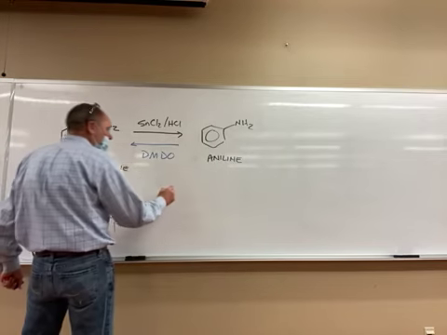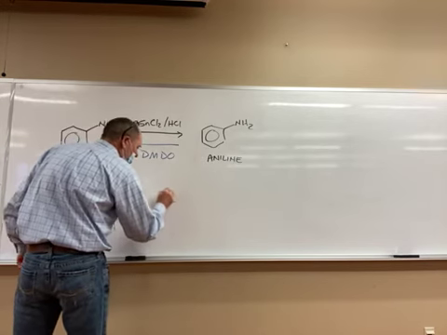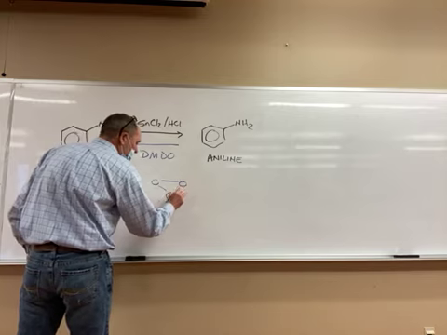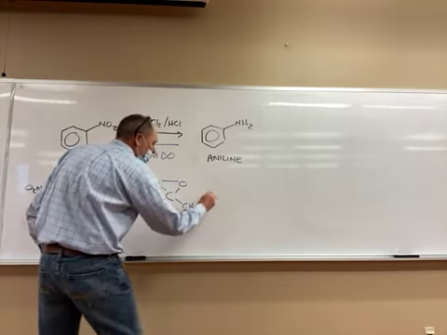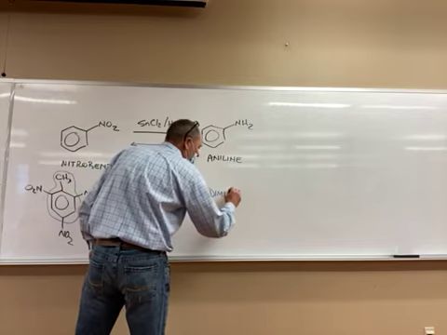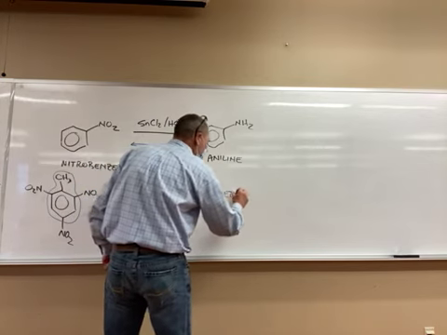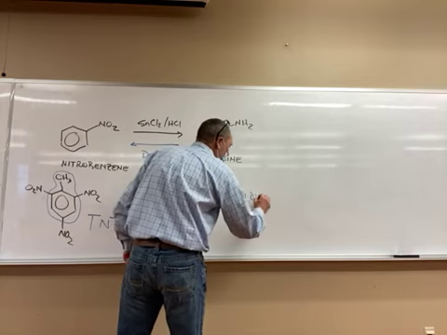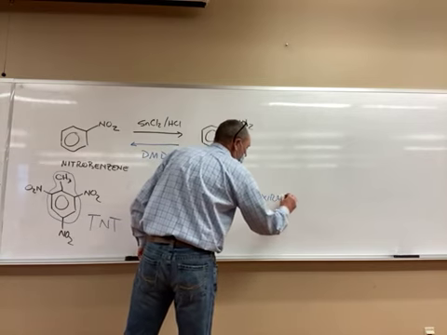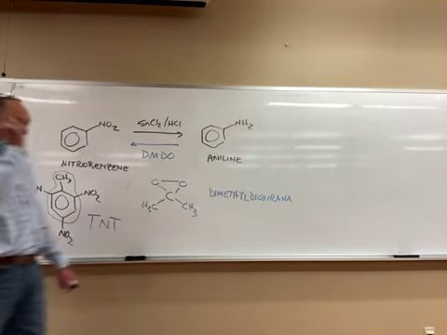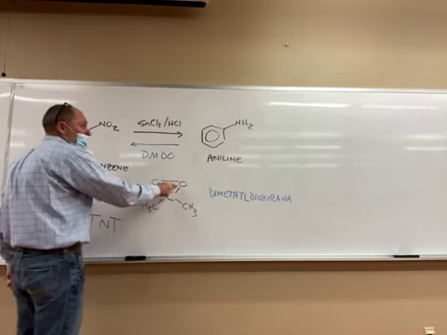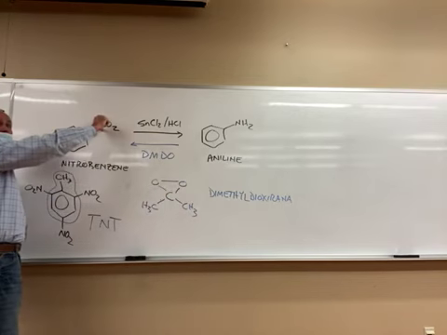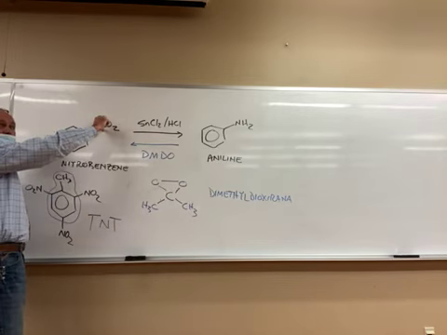DMDO is dimethyldioxirane. So dimethyldioxirane looks like this. I won't bore you with the mechanism, it's really tricky, it puts two oxygens back on the nitrogen. Isn't that kind of cool?